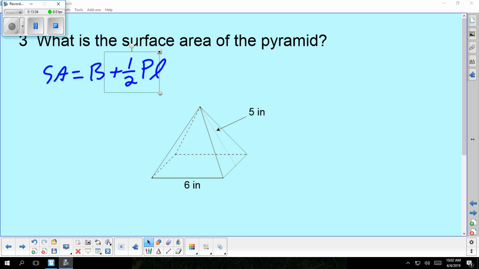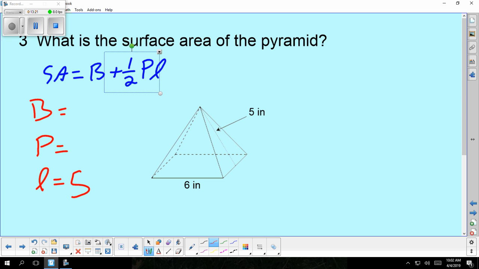So the things I need to find: my base, perimeter, and slant height. So I'm given the slant height is 5. The area of the base, since this is a square, is 6 times 6, or 36. The perimeter is 6 plus 6 plus 6 plus 6, or 4 times 6, or 24.